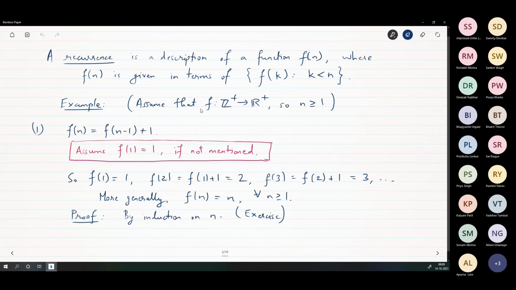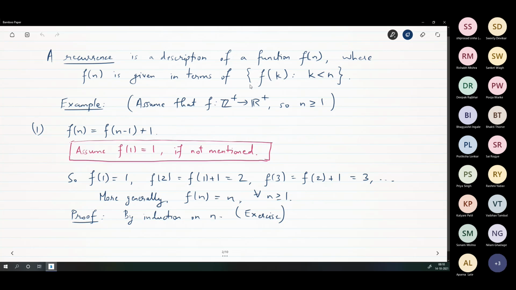So what is a recurrence? A recurrence is just a description of a function. That's all I mean. f of n, the value at the input n, is given in terms of f of k for k less than n. All the previous values: f of n minus 1, f of n minus 2, f of n minus 3, up to f of 1.